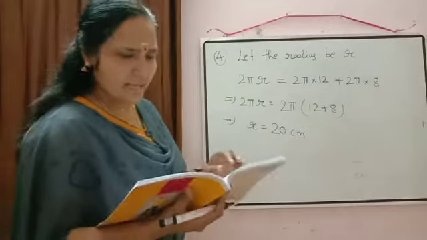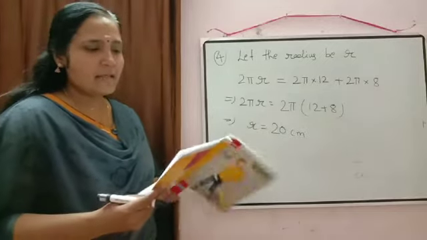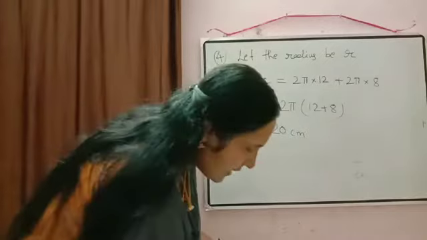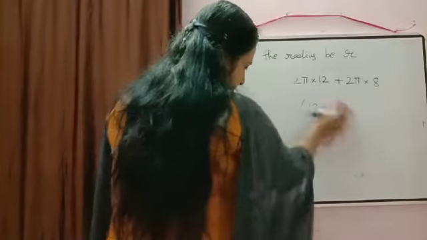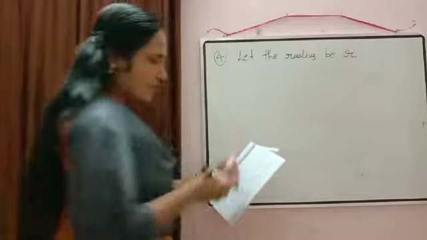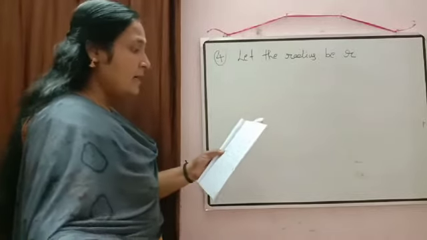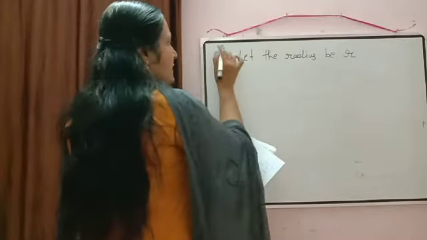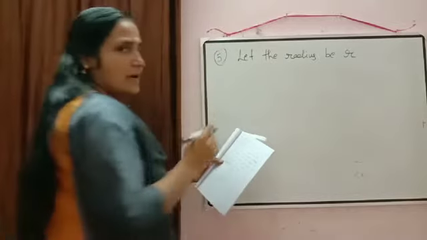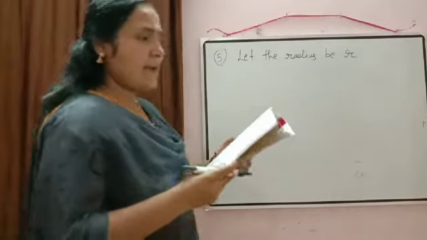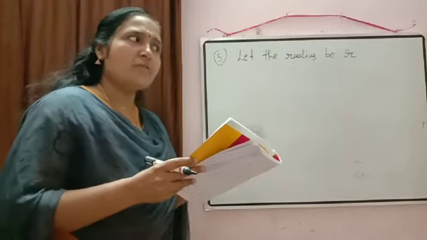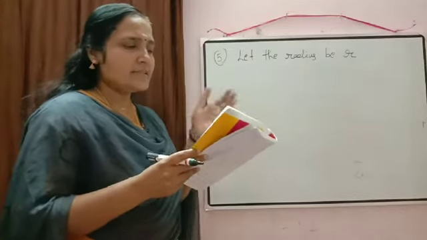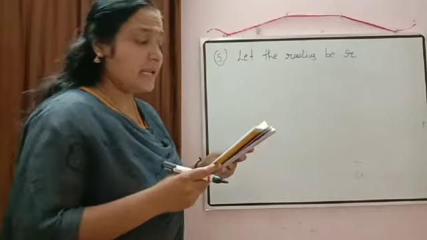Okay. Then the next question is, the radii of two circles are 15 centimeter and 8 centimeter. Find the radius of the circle having area equal to the sum of the areas of these two circles. So the question is the same as we did in the 4th one. Just one difference: in the 4th one they gave circumference, now here the relation is given in area.